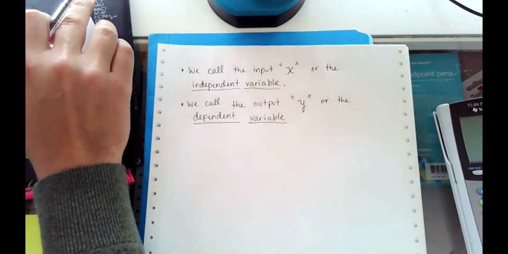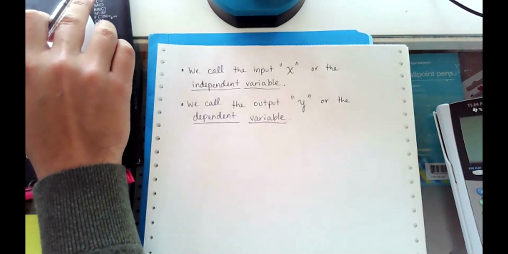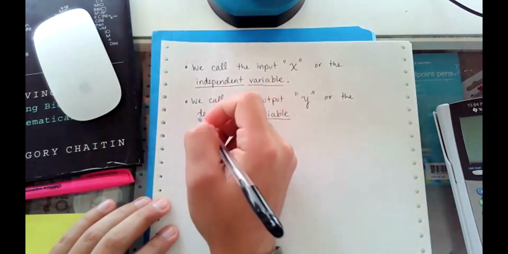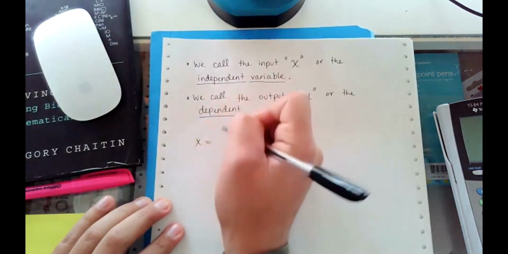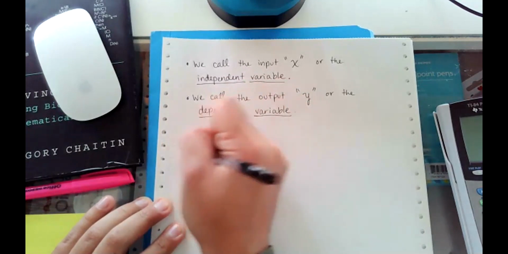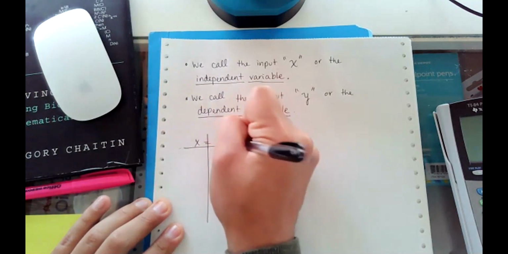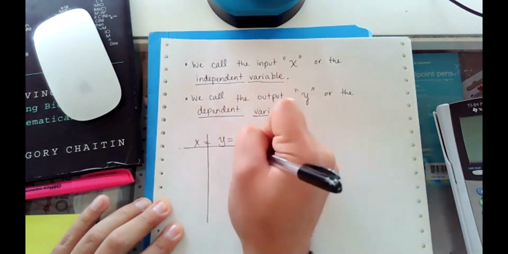And so we could do this again with another expression. In our last one, we made a table and our y value was equal to x plus 3.